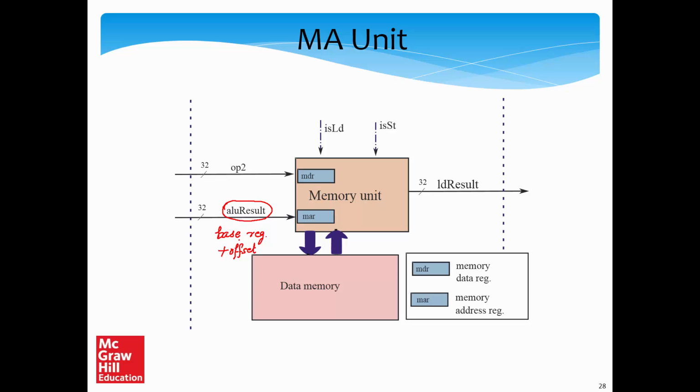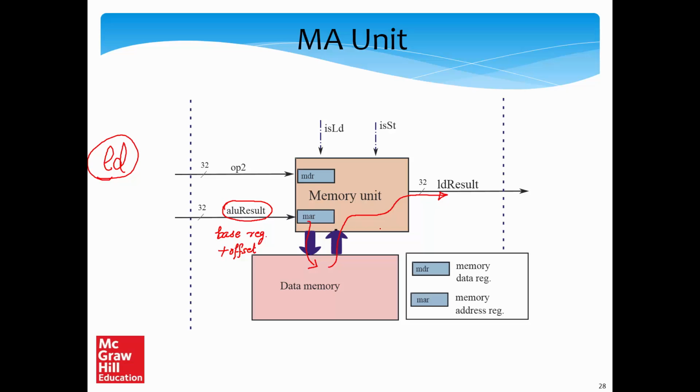This is computed inside the ALU, and comes in and is stored inside a small sub-register called MAR, the memory address register. So this is the address in the case of a load. Then the address flows to the data memory. The data memory fetches the value, and it flows out to the next stage. This is called the load result.